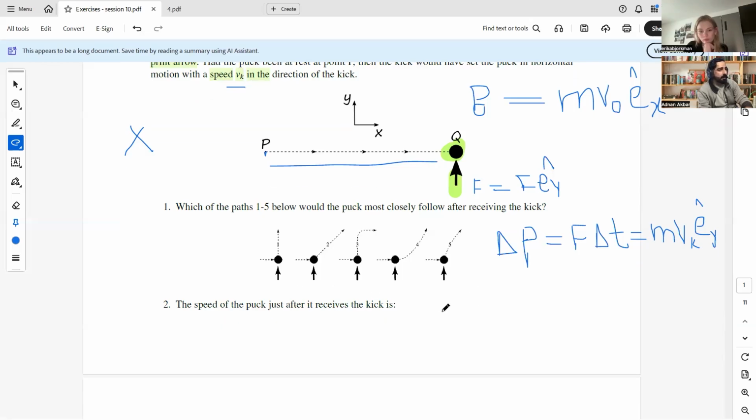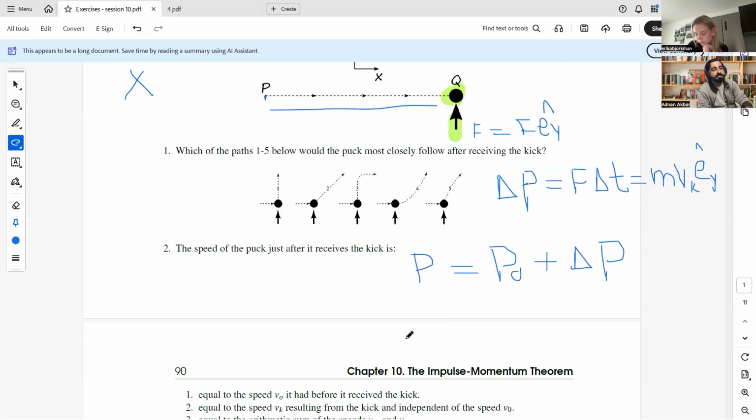So here what we have to do, we need to check the total momentum. Total momentum is equal to the sum of the initial momentum and the momentum gained just after hitting the puck, that is delta P, the change in momentum. We need to replace the corresponding values of the momentum, that is m v naught unit vector along the x direction plus m vk unit vector along the y direction.